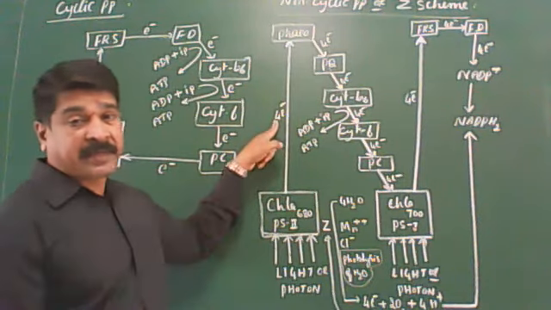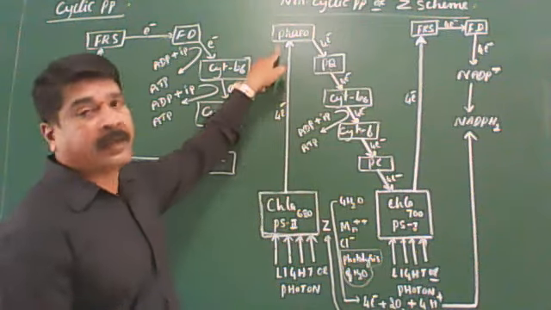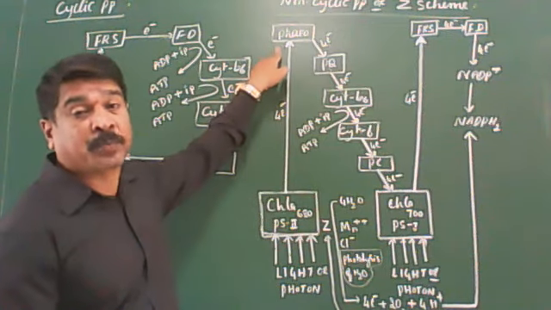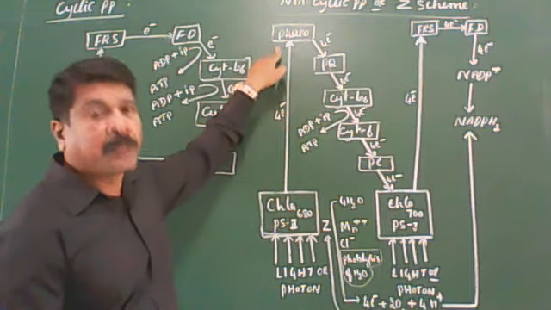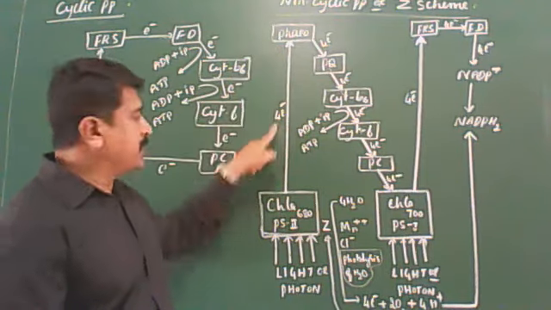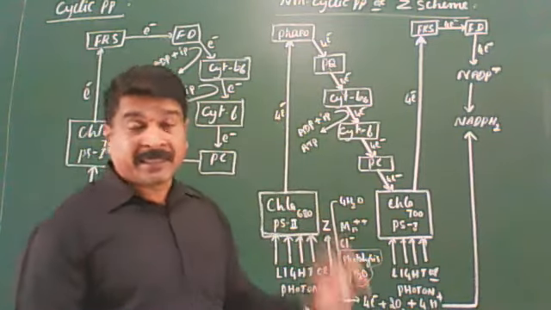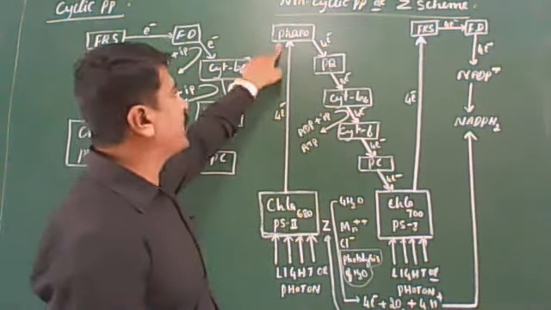Now, the ejected electrons are accepted by the primary electron acceptor, which in non-cyclic photophosphorylation is pheophytin. You remember this.